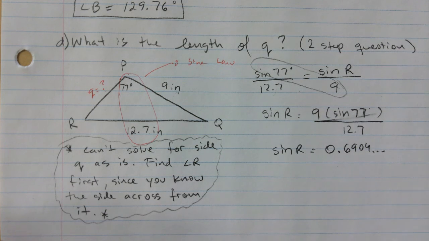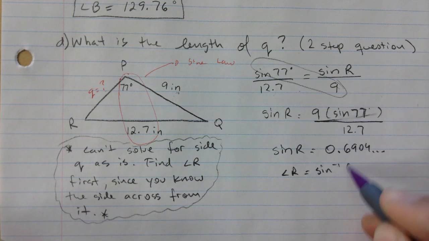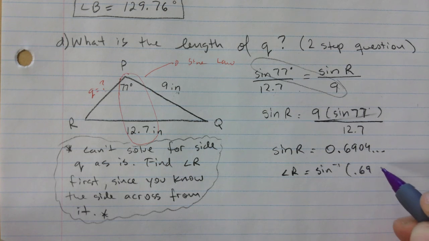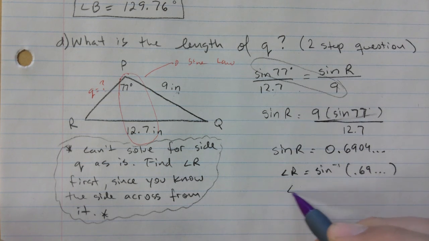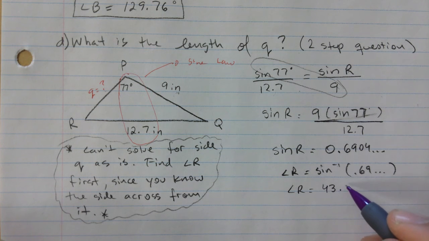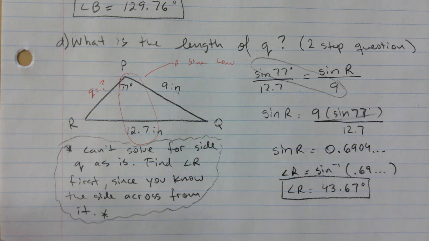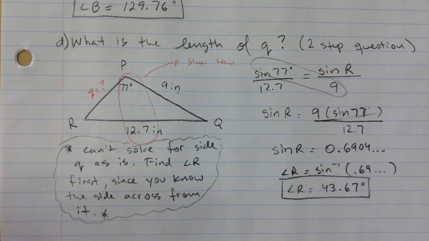Right, and it just keeps going. Angle R is sine inverse of 0.69, dot, dot, dot. And practice will be critical here. Okay, you practice this, you will become better at it, guaranteed.